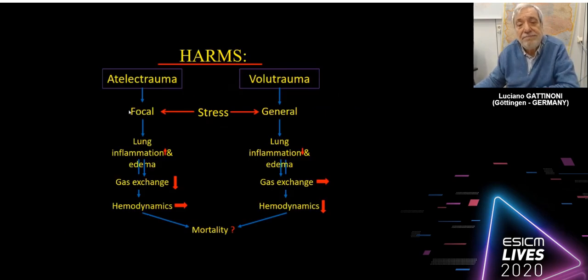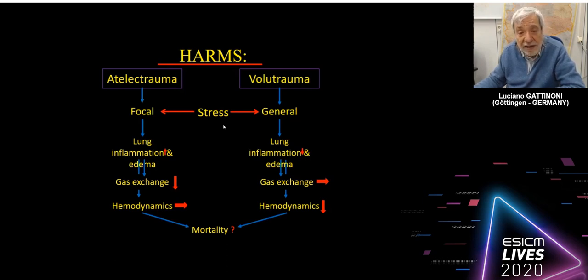So in general, just a few words about PEEP. When you use a low PEEP or a higher PEEP, we just compare the risk of atelectrauma versus the risk of volutrauma. If you have low PEEP, we do not have volutrauma, but we have some opening and closing. If you have high PEEP, we do not have atelectrauma, but we have a lot of volutrauma, of possible overexpansion.